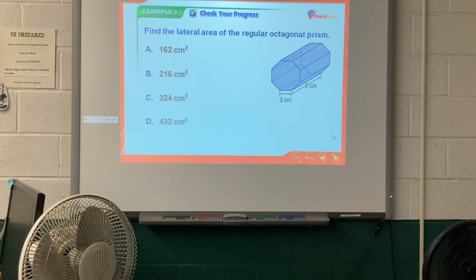So the height's kind of misleading, because now it doesn't really look like a height, right? Because it's over on its side. But it's the height between the bases. It's probably better if you say P times D, really. It's the distance between the bases, but it's technically the height, because if you stood it up on those octagons, it would look like one.